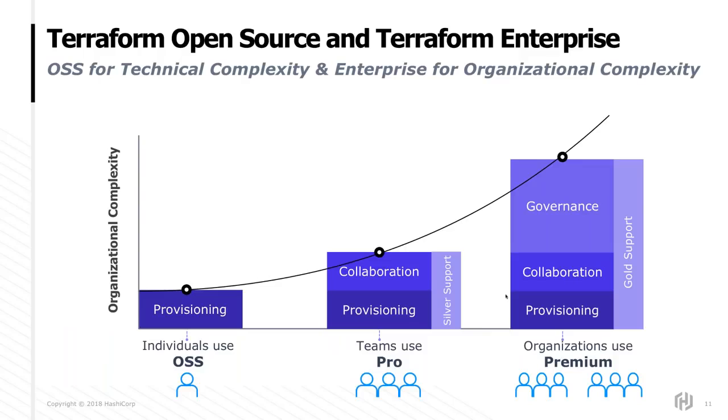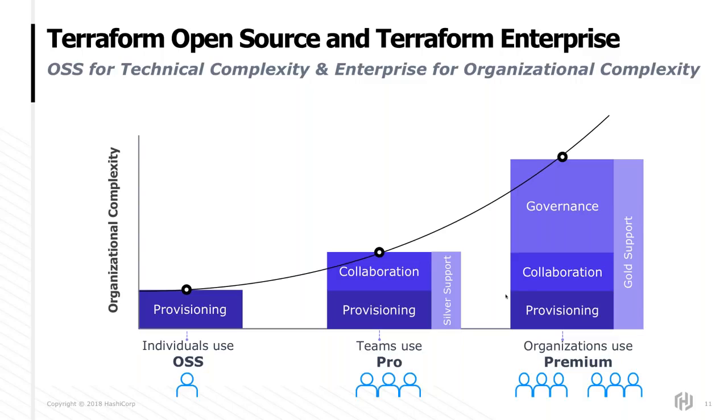This slide is focusing on how we allocate different features into the open source versions of our products, Terraform in this case, and 2 levels of the enterprise product. The 2 levels are Pro and Premium that you see on the bottom. Essentially, Pro is meant for teams. The open source version, as I said before, is meant for individuals.